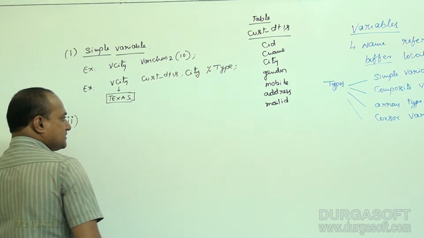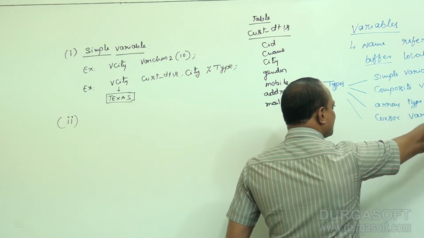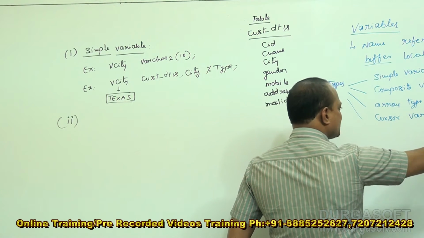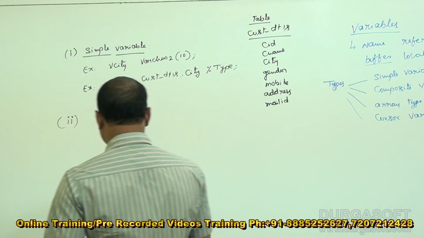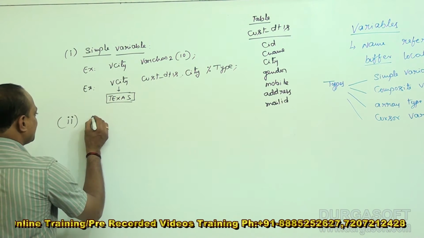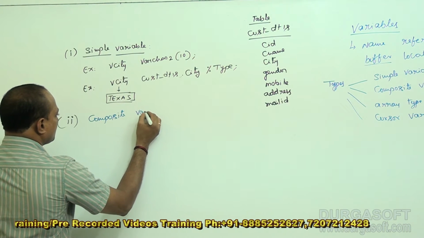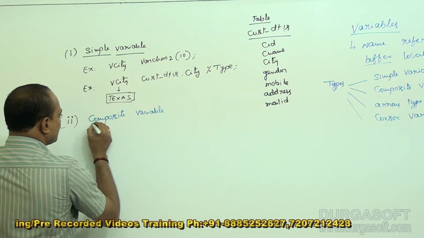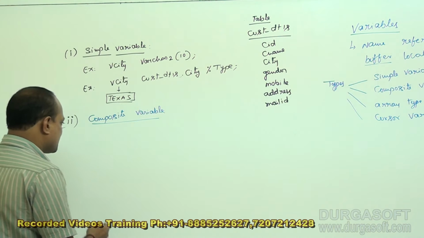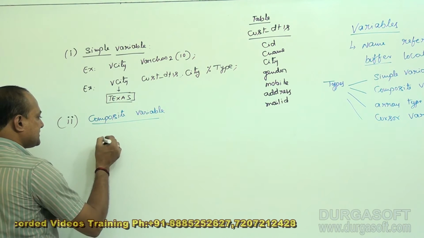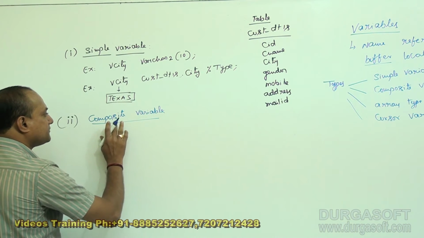Under composite, you will get table based, user defined, array type, and cursor variables. So let me write, it is a composite variable. It is able to store more than one value. Under this we have different types.